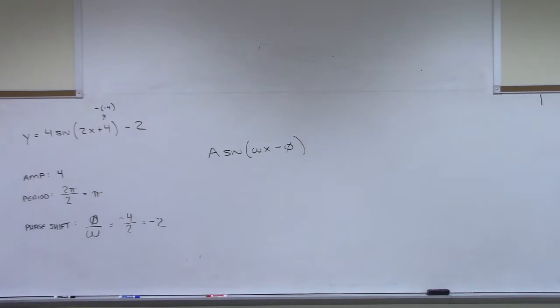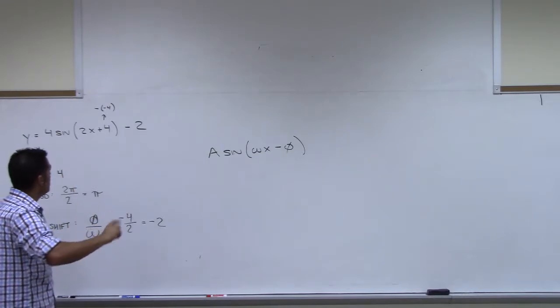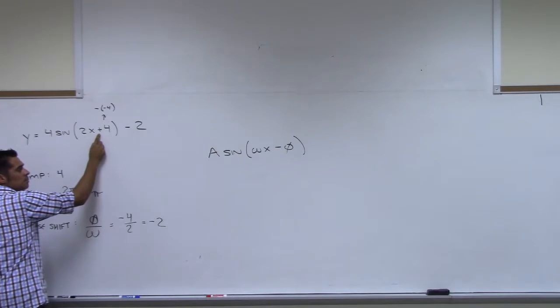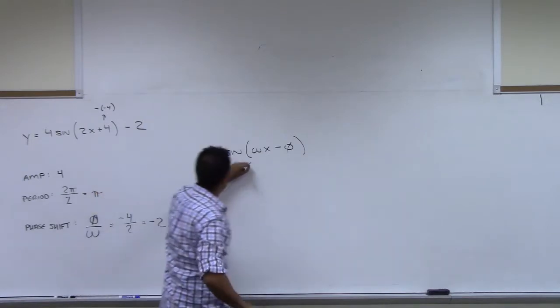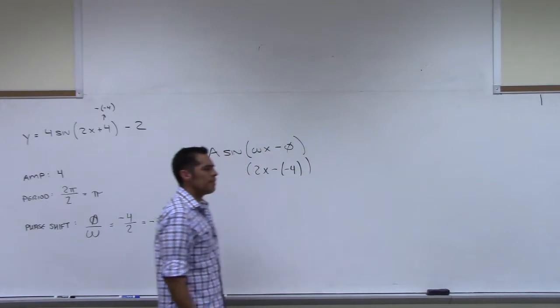Why did you put a negative inside the parentheses up there at top? Because I'm trying to make the inside of this look like the formula.